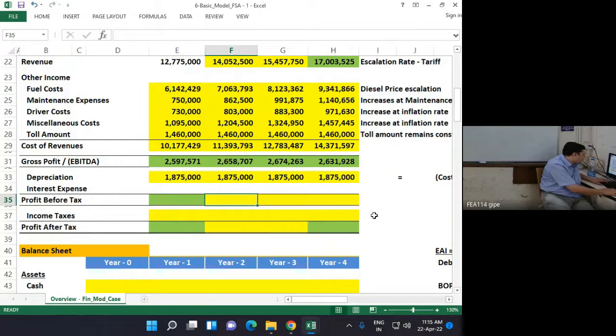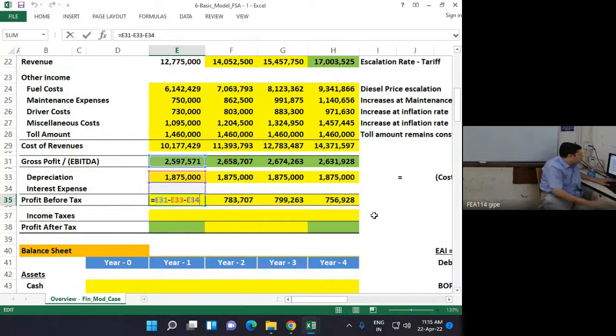Therefore, gross PBT is the gross profit minus depreciation minus interest. So for now, we'll link the interest and keep it. Later, when we find the value of interest, PBT will change.